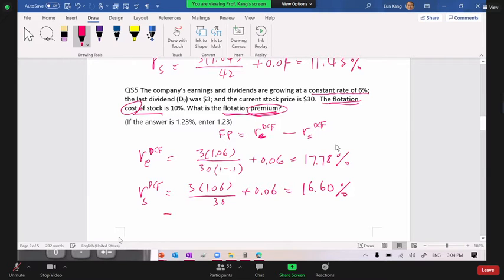So flotation premium is 17.78 minus 16.60, which is 1.18%. It says that if it is 1.23%, just enter 1.23, so it's 1.18. So 11 people missed.